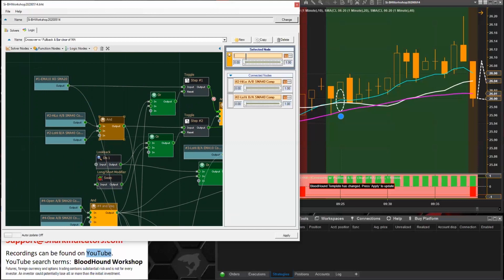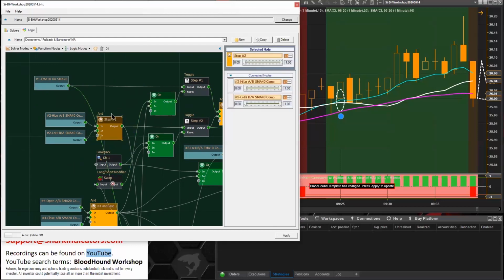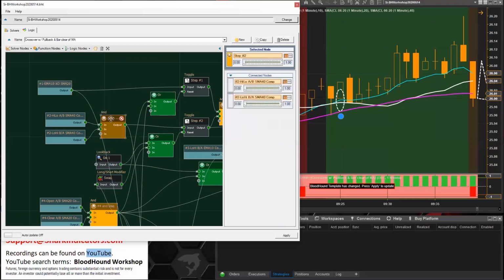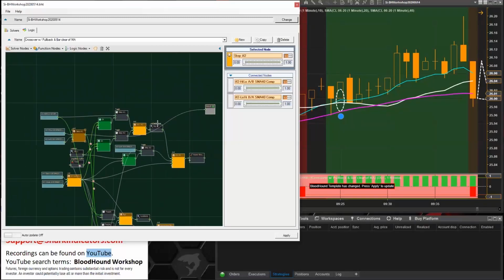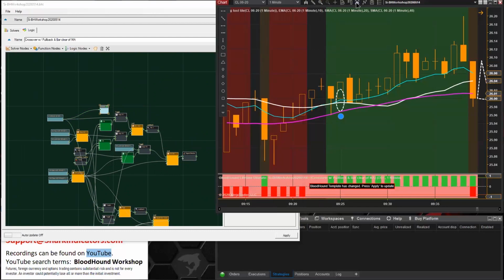So this AND node is step two, but I need to make sure that we have the crossover in the right direction first, before step two.